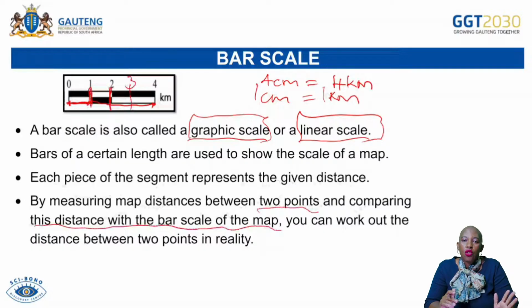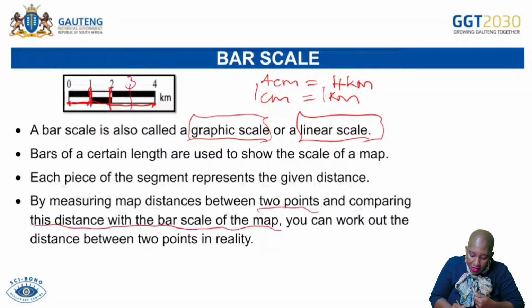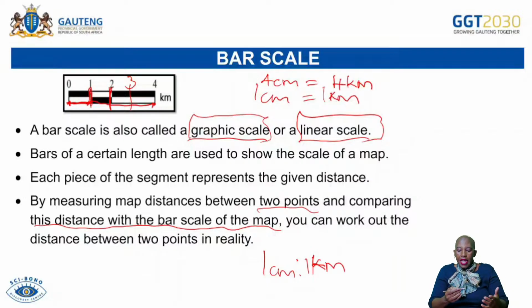So that means you'll be converting the bar scale into what now? Into a ratio scale, as I have done now. Suppose I've measured, then I will write it as 1 centimeter is to what? Is to 1 kilometer. If I have measured it to be a centimeter, then I'll say 1 bar is equal to 1 centimeter.